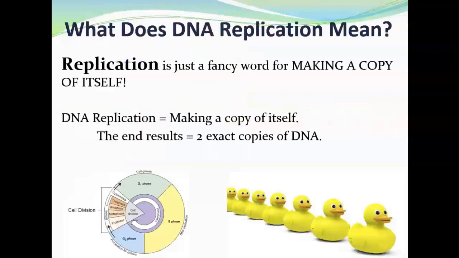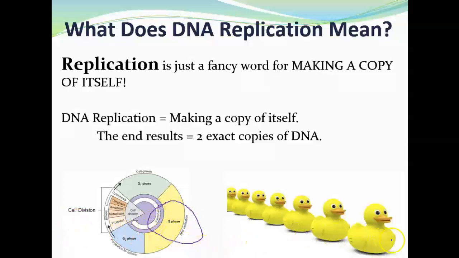Replication just means making a copy of itself. And I just want to remind you that replication is happening here in S phase. This is where replication happens. So make a note of this on your notes, that replication is happening in the S for synthesis phase.